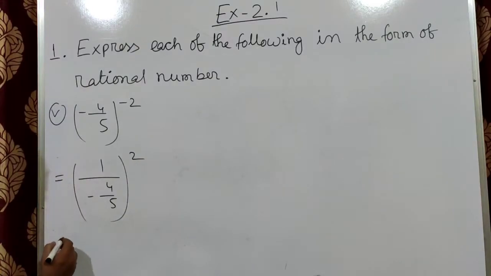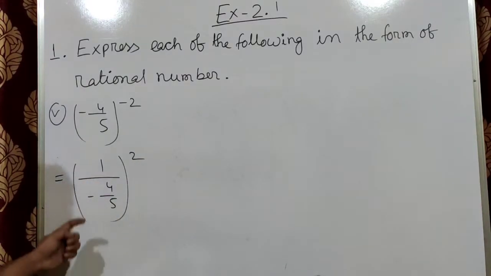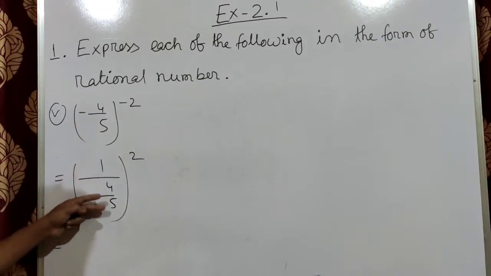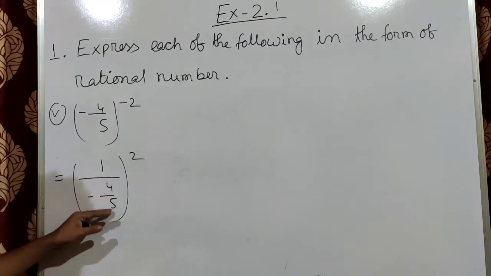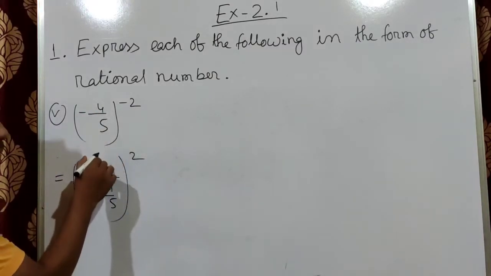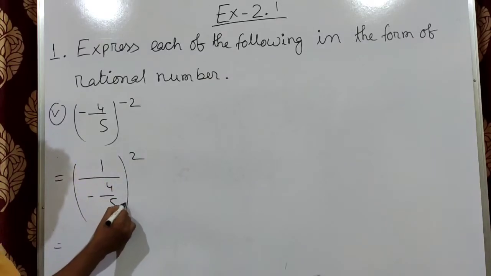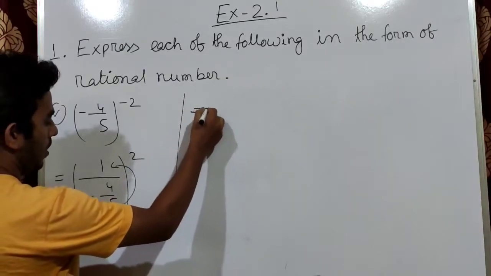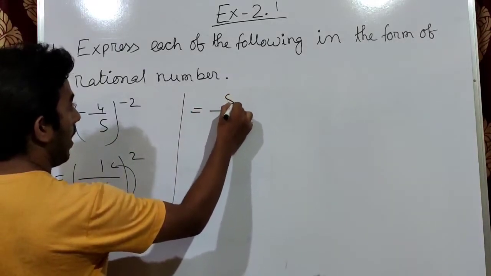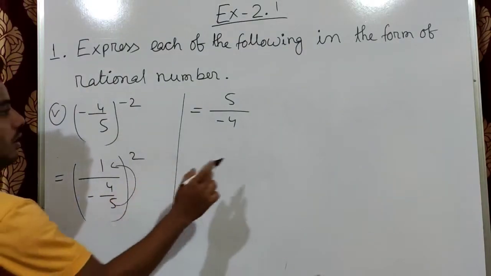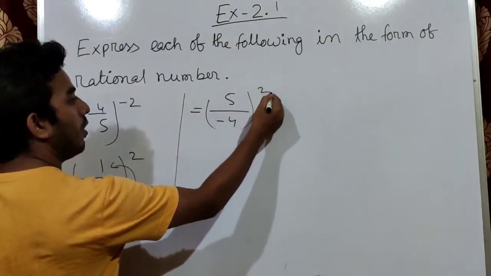Okay. Now 1 by 4 by 5 is what? Reciprocal, that is 1 divided by 4 by 5 is the reciprocal of 4 by 5. So 5 will go in the numerator, right? This 5 will go here. So our next line will be 5 by minus 4, and then whole square.